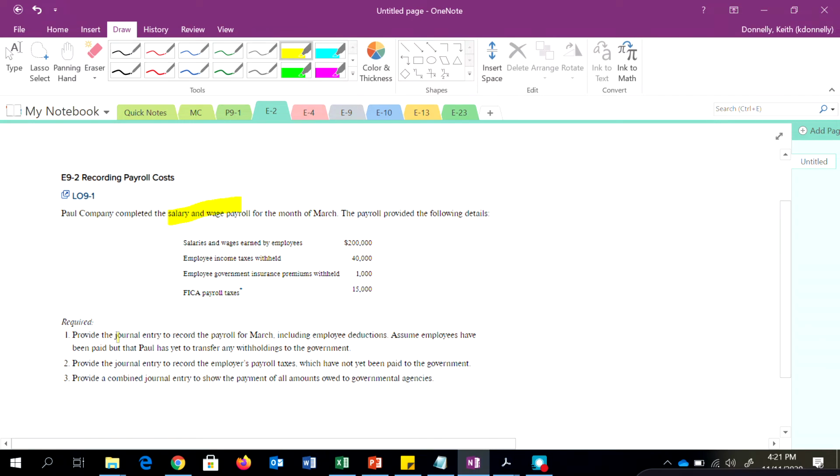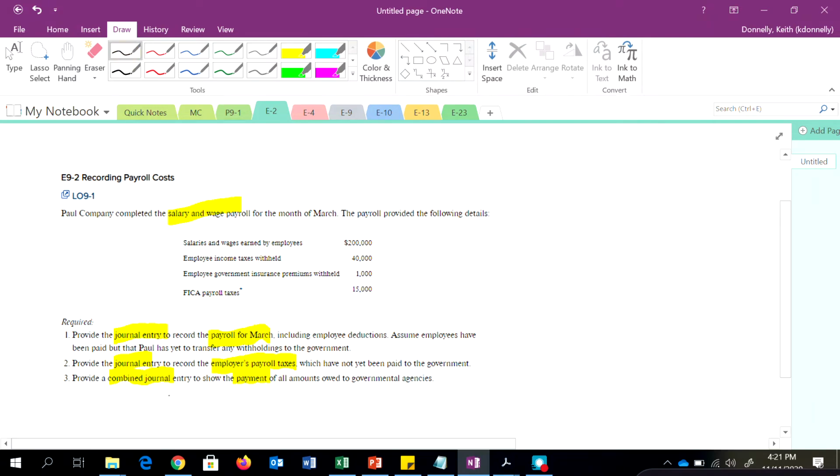They want us to provide the journal entry for March payroll, including employee deductions. They want us to provide the journal entry to include the employer's payroll taxes, and then they want us to do a combined journal entry to show the payment of the amount owed.